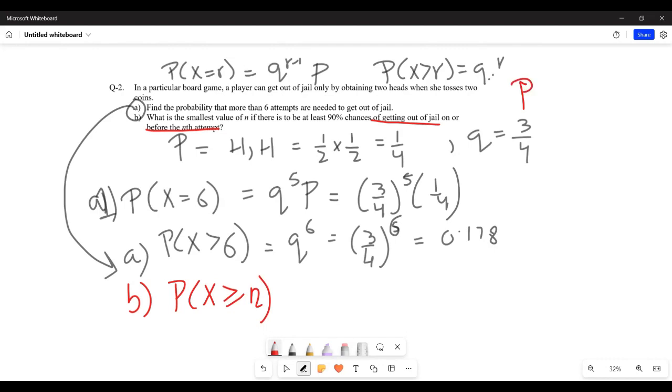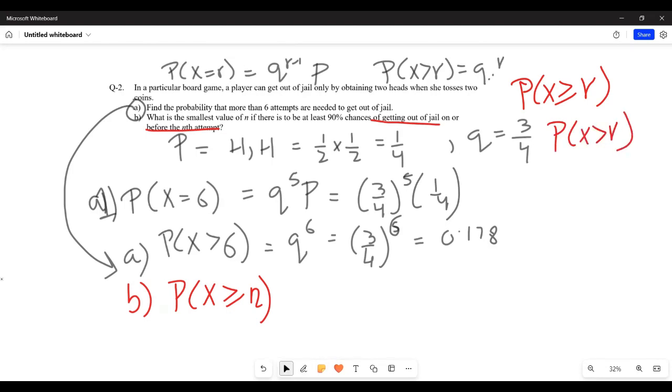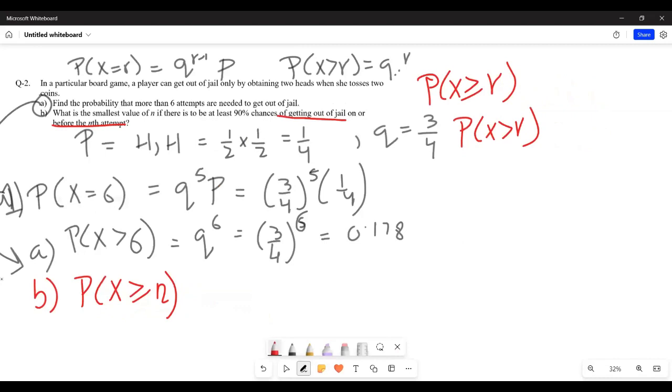Again, what's the formula for probability X is greater than or equal to R? We have a formula for probability X is greater than R, and that's QR. So if we need to include equals to here, we will have to use a value smaller than R, which is R minus 1. So this would become QR minus 1.